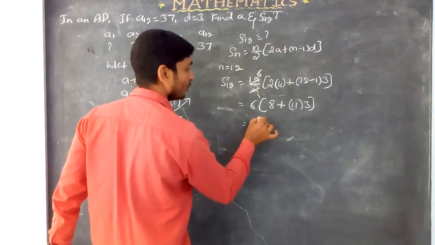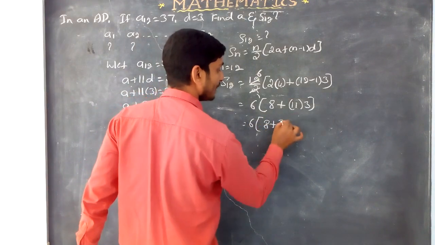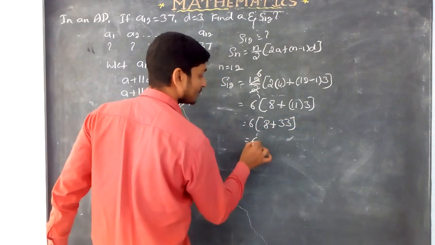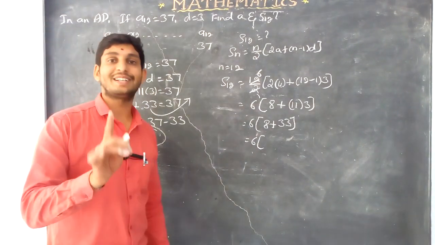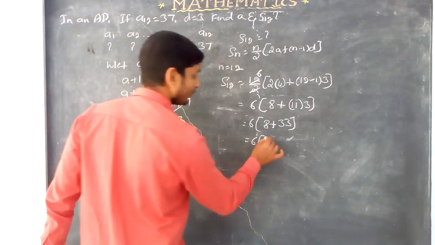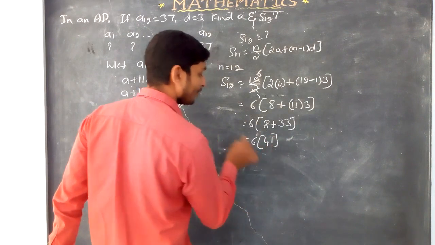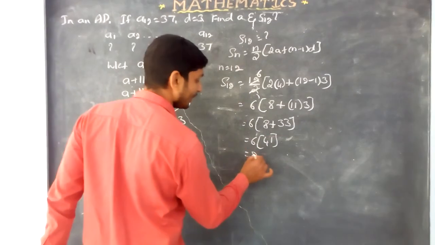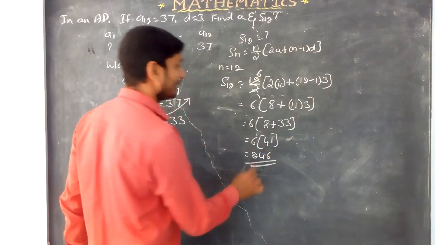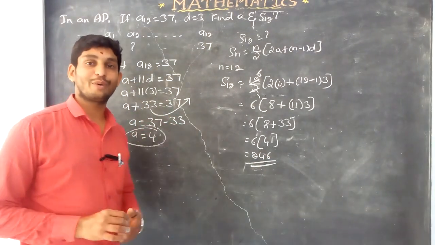That is 6 into 8 plus 11 3s are 33. That is 6 into 33 plus 8. You have to add, don't multiply, 33 plus 8. You will get 41. 41 6s are 246. It becomes 246. Is it right? Yes.